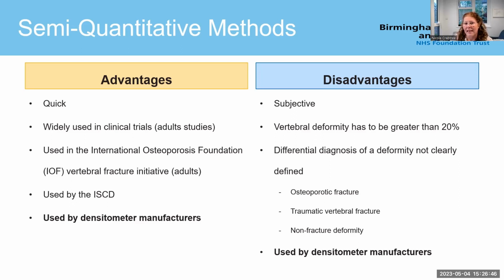The disadvantage is it's still subjective. The vertebral deformity has to be greater than 20% for it to be identified as a fracture. Differential diagnoses are very difficult, so trying to diagnose between osteoporotic, traumatic, or non-fractured deformities. And it's also available on the machine, and this can be a disadvantage because it may be used or misused without sufficient training.